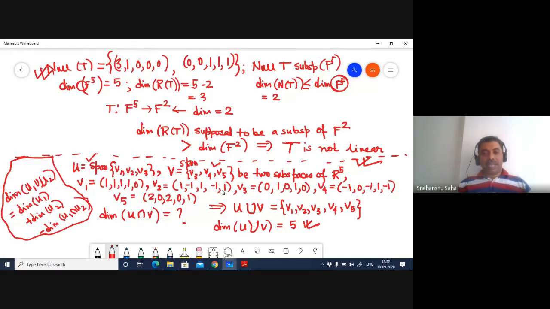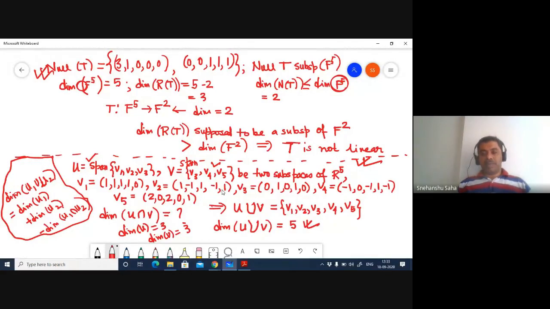Similarly, if you look at the dimension of V, it's also 3. So you apply this: this is 3, this is 3, this is 5. Therefore, this has to be 1.